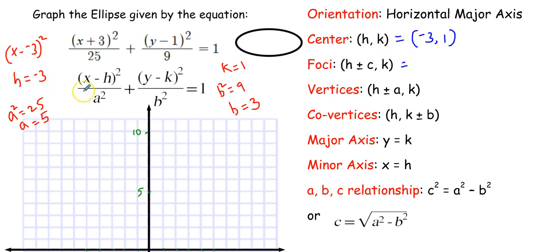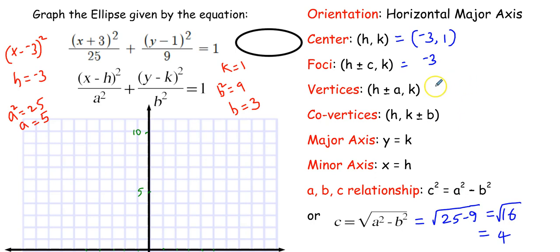Your h is negative 3, and what is the value of c? I don't have it here, so let me go down there. c is equal to the square root of a square minus b square. A square is 25 and b square is 9. 25 minus 9 gives me 16, and the square root of 16 is 4, plus or minus 4.